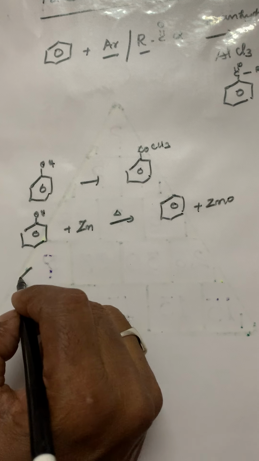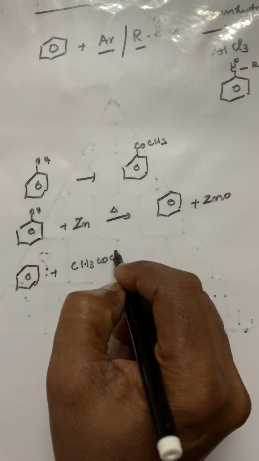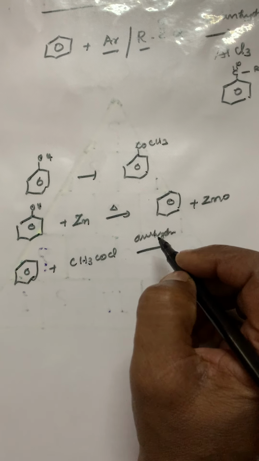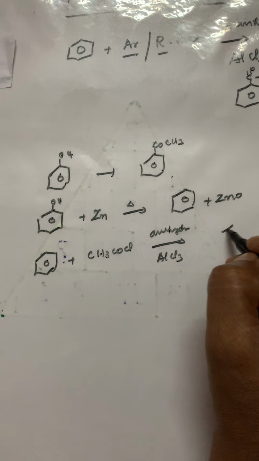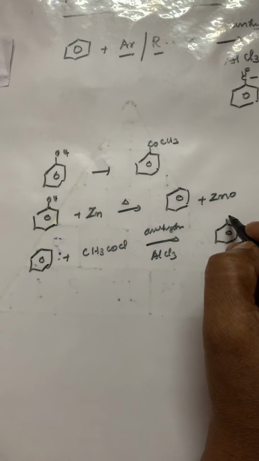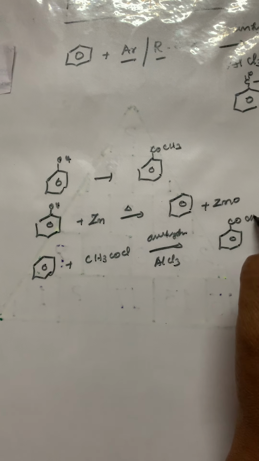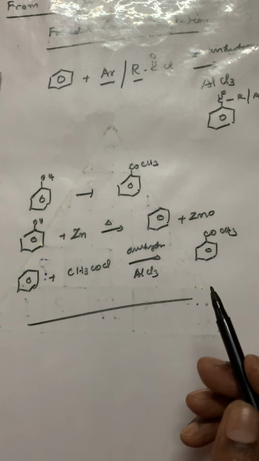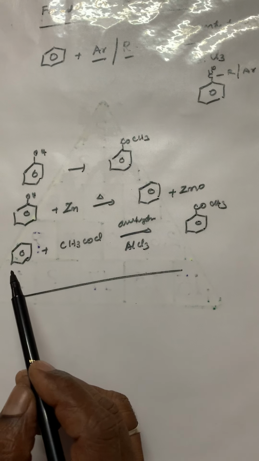Then benzene reacts with acid chloride in the presence of anhydrous aluminum chloride, AlCl3. It gives acetophenone, COCH3. This is the preparation of ketones.